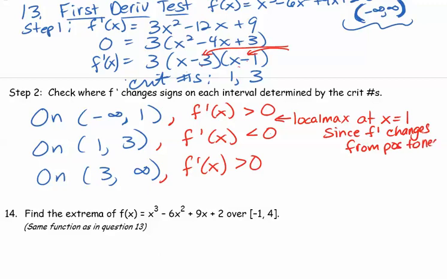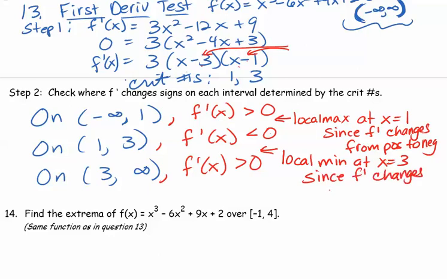That's what our first derivative test tells us. And right here, we know that there is a local minimum at x equals 3, since f prime changes from negative to positive.